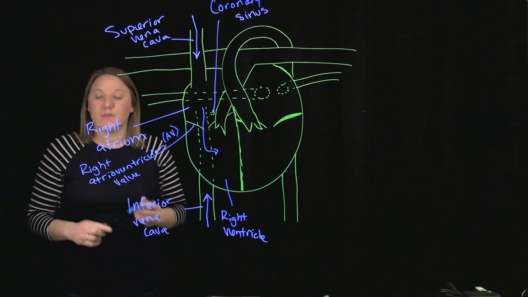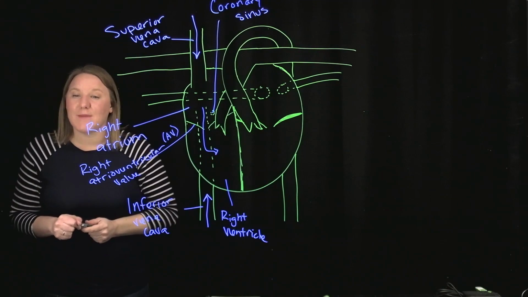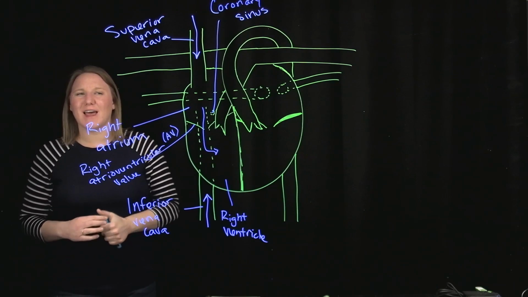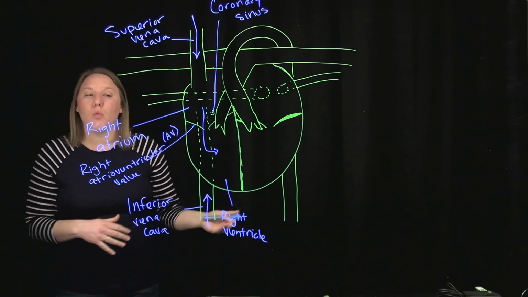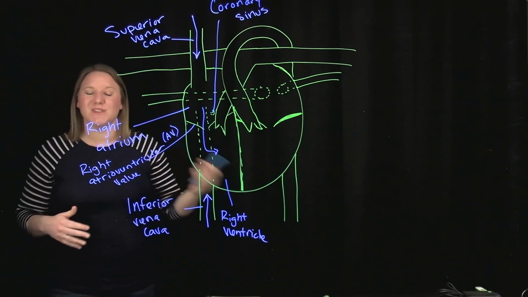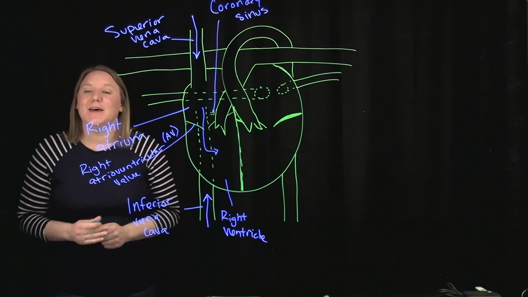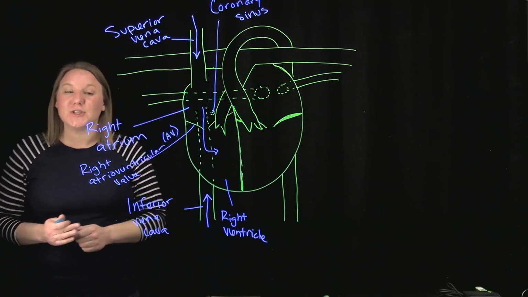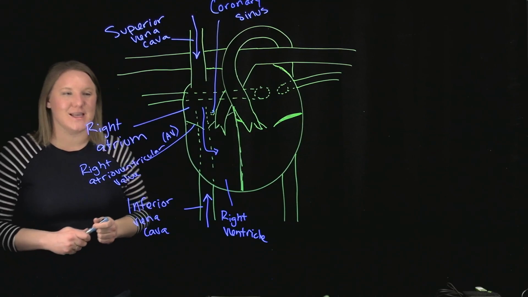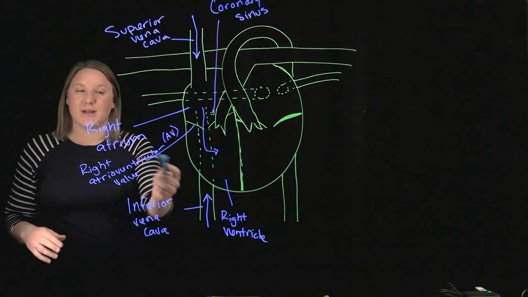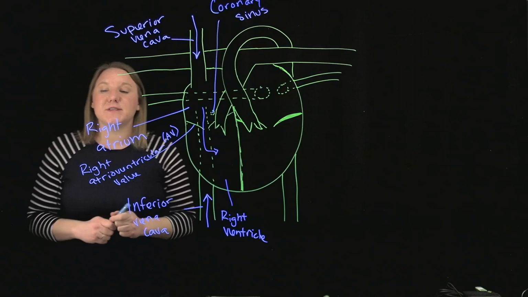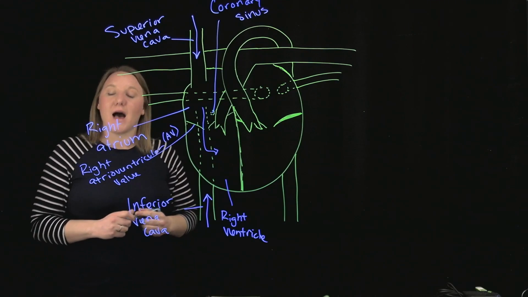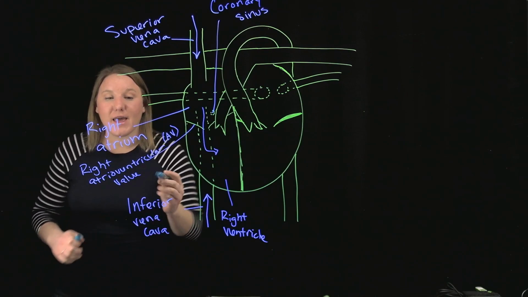Now here's another one of those situations where there's more than one name for a single structure, and as we're transitioning away from the old names towards the new names, you have to learn all of them so that you can help make this change but still understand the clinicians who are going to call them different things. So in addition to calling this the right atrioventricular valve, this valve is often commonly referred to as the tricuspid valve.